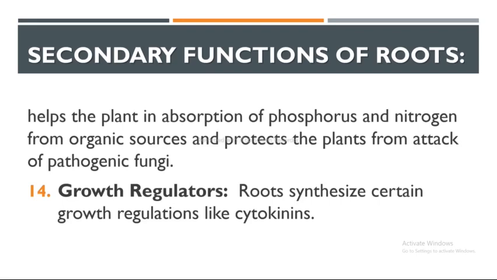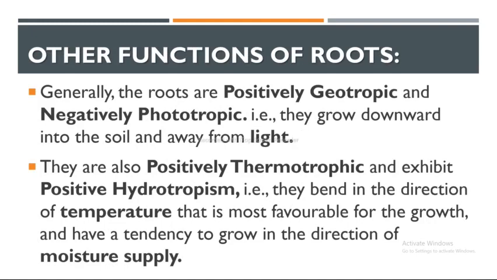So the 14th secondary function of root is the growth regulators. Roots synthesize certain growth regulators, for example, cytokinins. Other functions of the roots. So generally, the roots are positively geotropic and negatively phototropic, which means they grow downward into the soil and they grow away from the light.